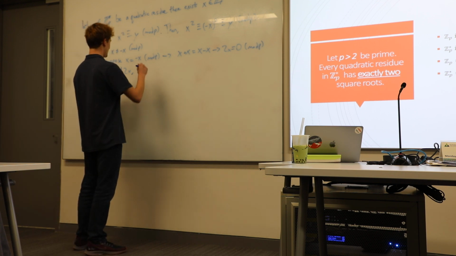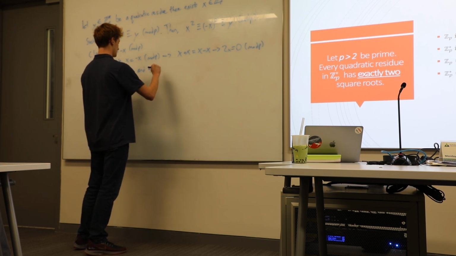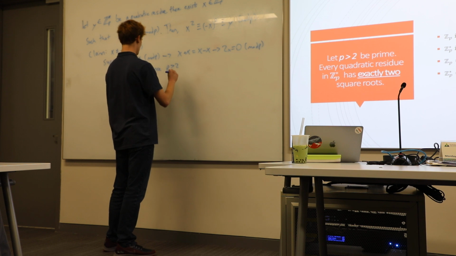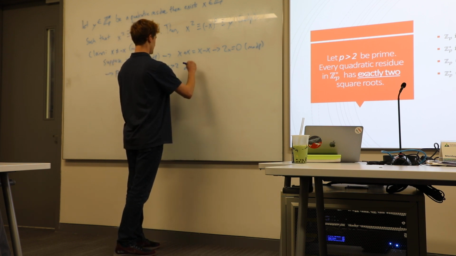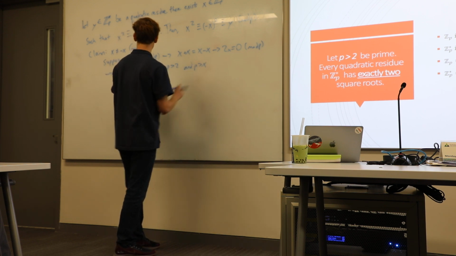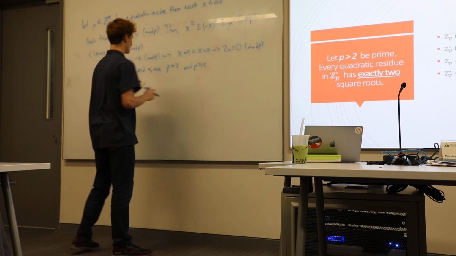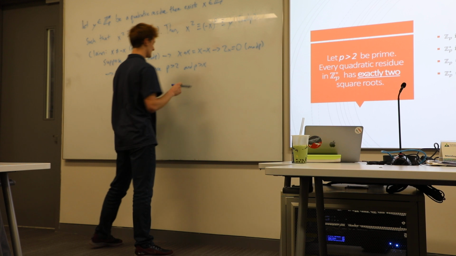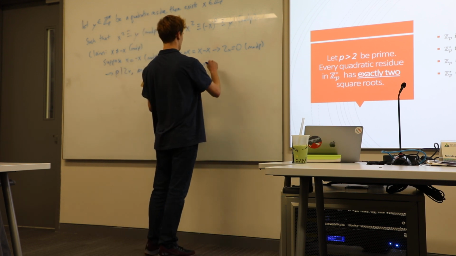Alright. Since p is greater than 2 and p is greater than x, p divides neither 2 nor x, so it's impossible for p to divide 2x.